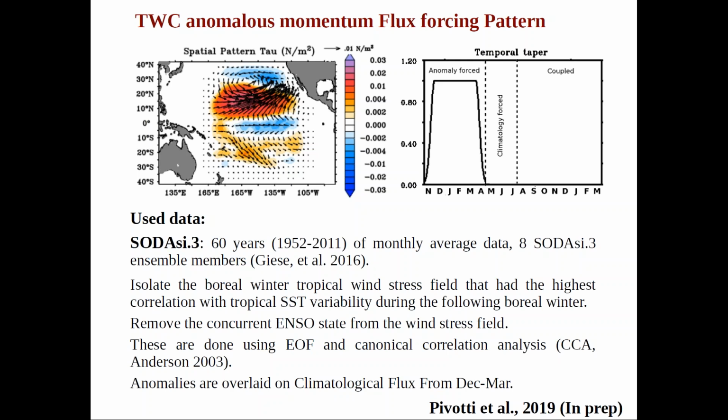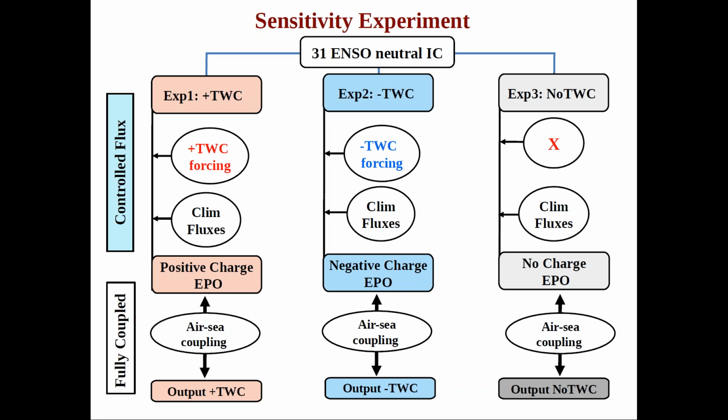We removed the concurrent ENSO influence and correlated it with the next ENSO state. So we get this kind of strong westerlies over the North Pacific, and then we forced this in our sensitivity experiment.